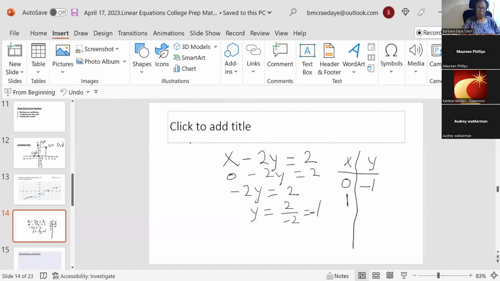If it was minus 10y equal 2, you'd divide by minus 10. 2 divided by minus 10 gives you a minus 2 over 10. You'd have a fraction, because remember, you're dividing by the coefficient of the y, right?